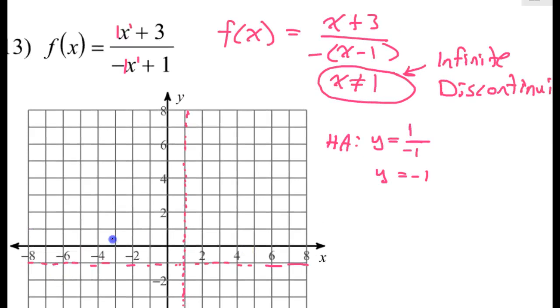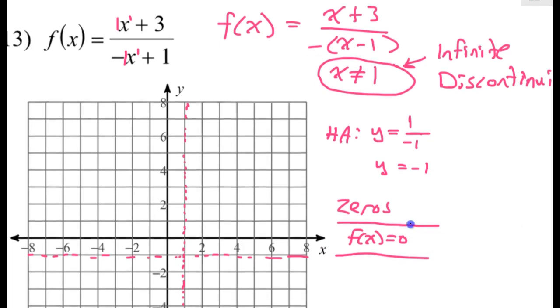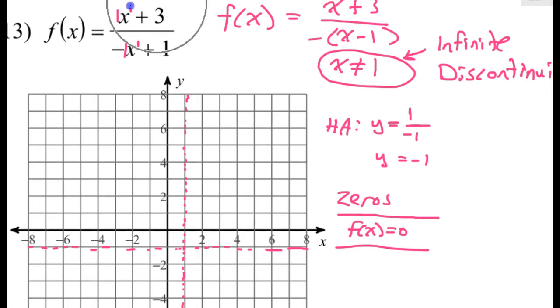Now let's see if we can find the zeros of the function, the x-intercepts. Let me write this down. You will find the zeros of the function by setting this function equal to 0. So I set the entire function equal to 0, and that will give me the zeros of the function. The only way that this function is going to equal 0 is if the numerator equals 0. The denominator can't equal 0.